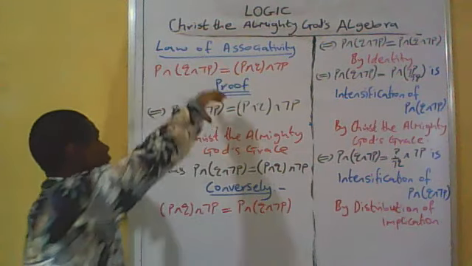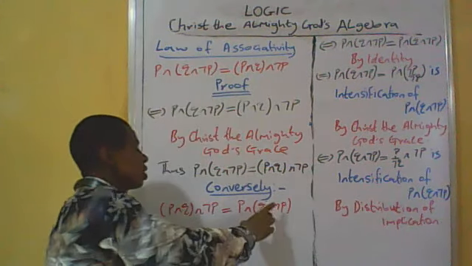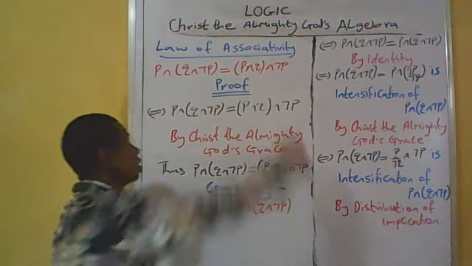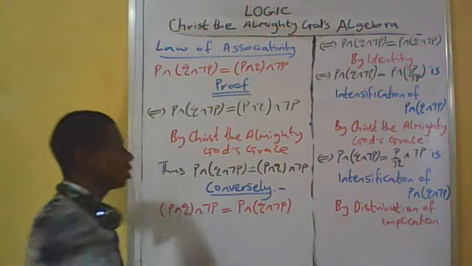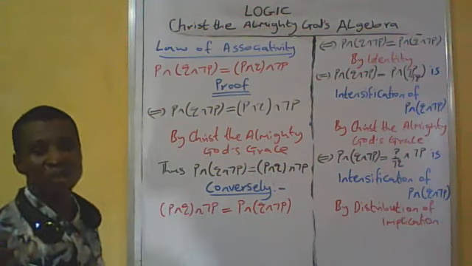Now the left equivalent has now become right equivalent here. The right equivalent has become left equivalent here. We say that it is converse. We're going to prove the converse.